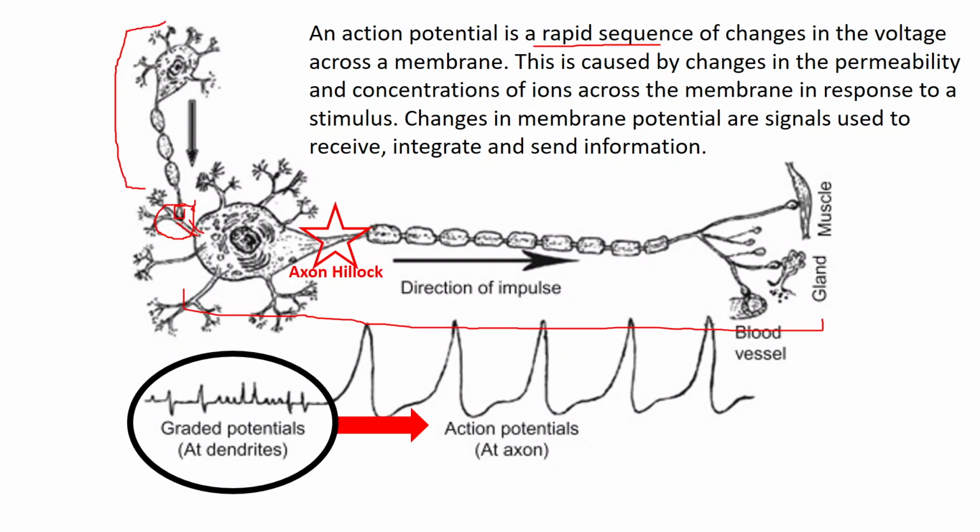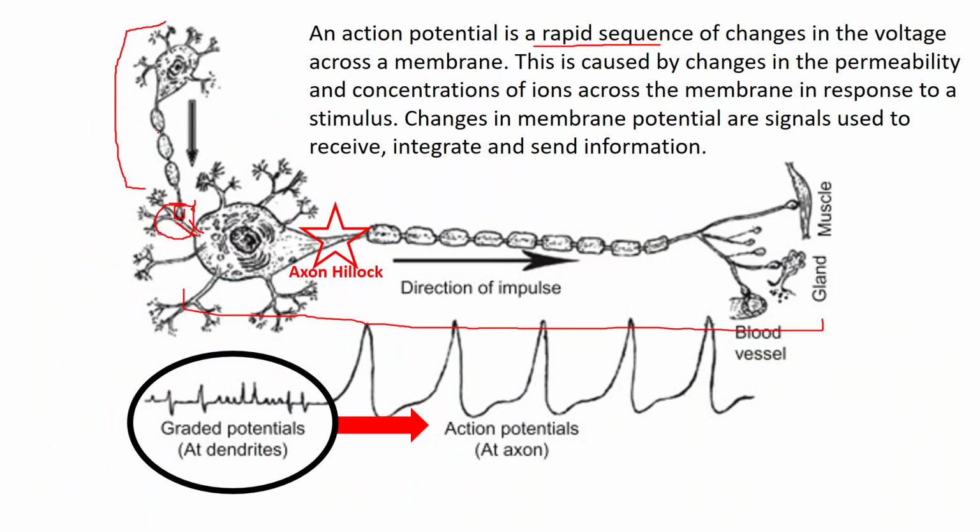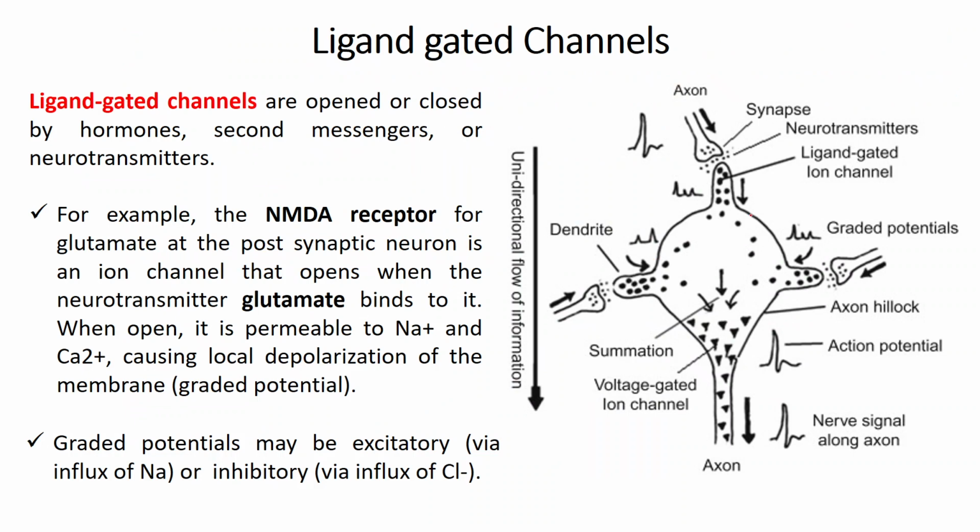So what happens here is basically the following. The sending neuron depolarizes, so the action potential will travel down the axon to reach the axon terminal of the sending neuron. The action potential will trigger the release of what we call neurotransmitters, okay?